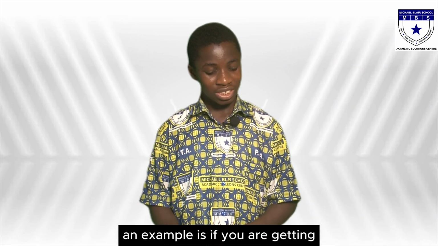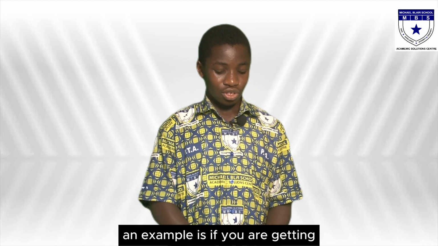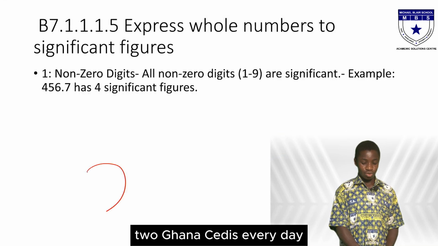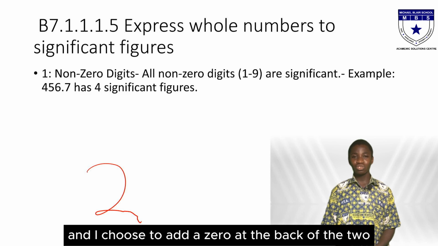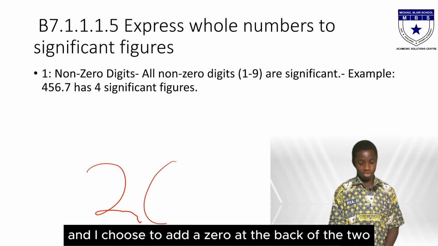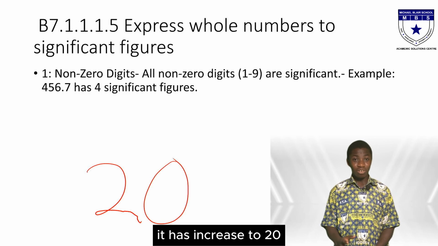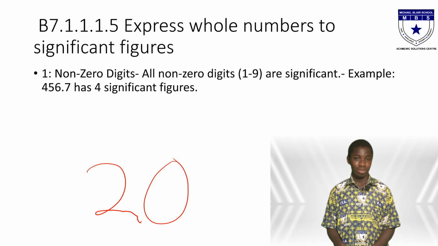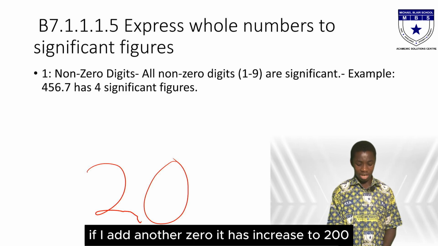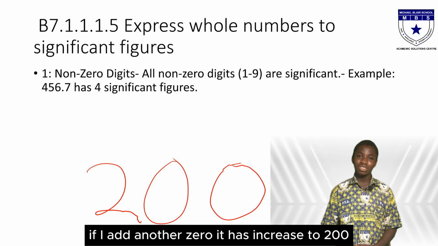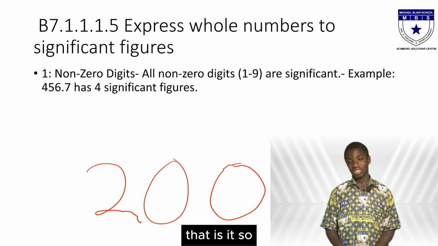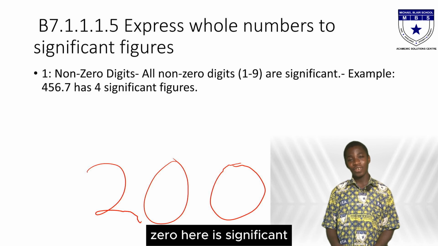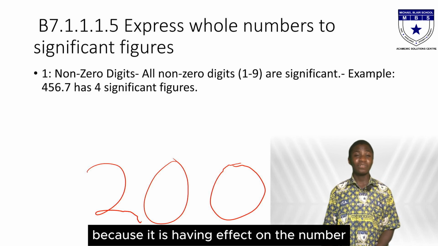An example is if you are getting 2 Ghana cedis every day and I choose to add a 0 at the back of the 2, it has increased to 20. If I add another 0, it has increased to 200. So 0 here is significant because it is having effect on the number.